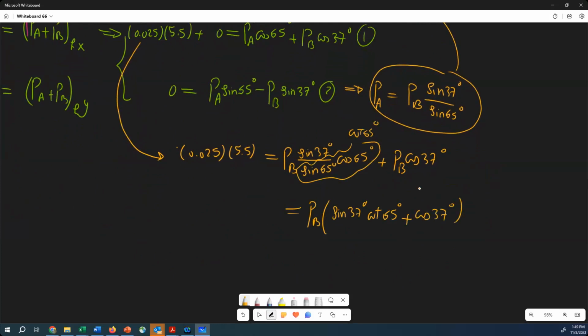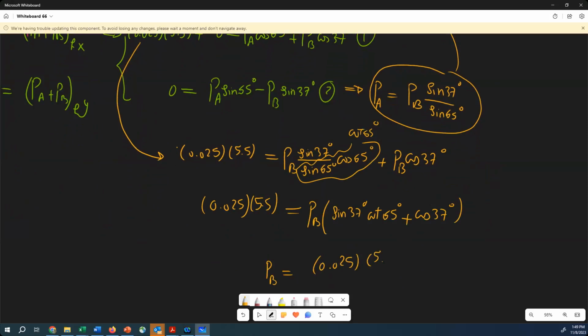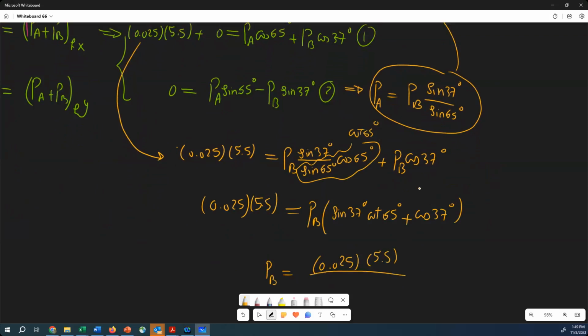Good? Equal to 0.025 times 5.5. Okay? So PB is going to be 0.025 times 5.5 divided by this value, sine 37 cotangent 65 plus cosine 37.